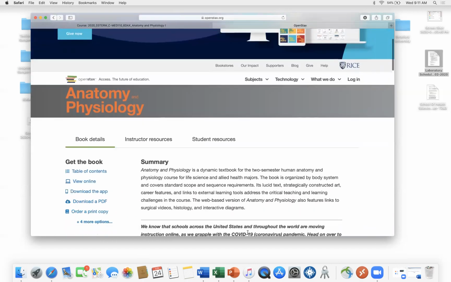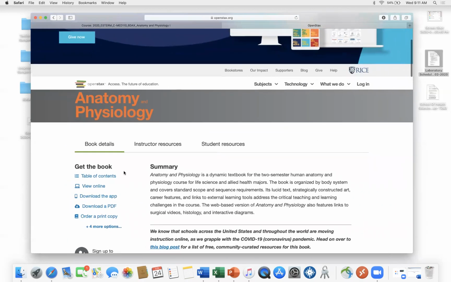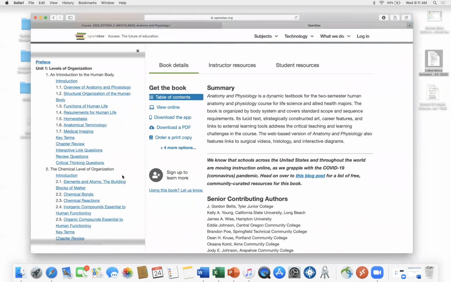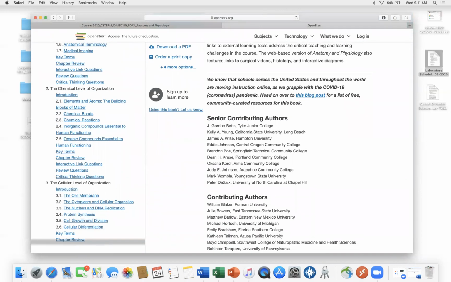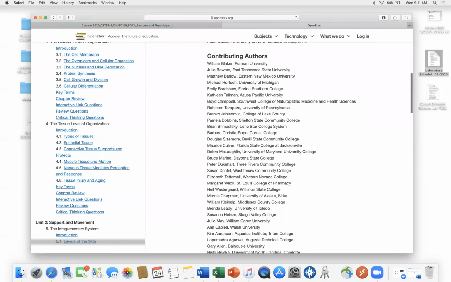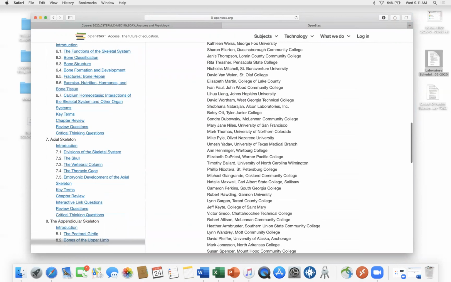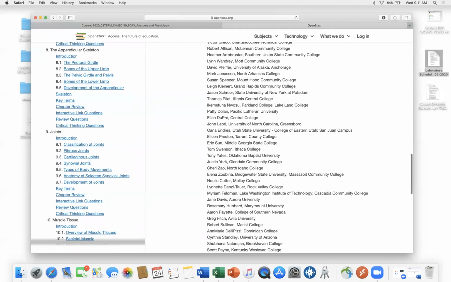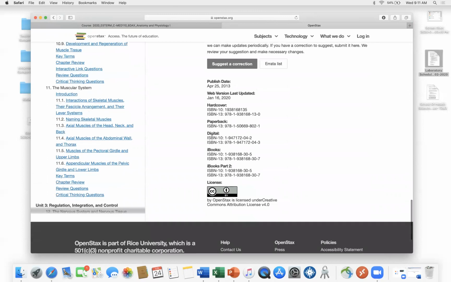So you go here and let's open this up a little bit. Go to your table of contents, and we're going to go down, and we're going to find tissue, support, movement, integumentary, bone, axial skeleton, appendicular skeleton, joints, muscular, that's all anatomy and physiology 2.